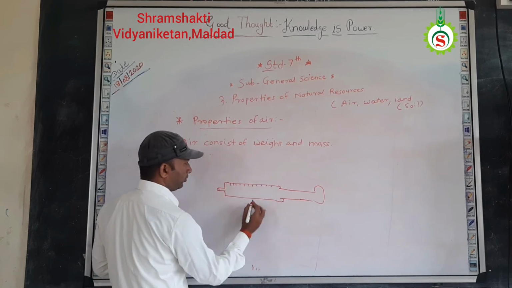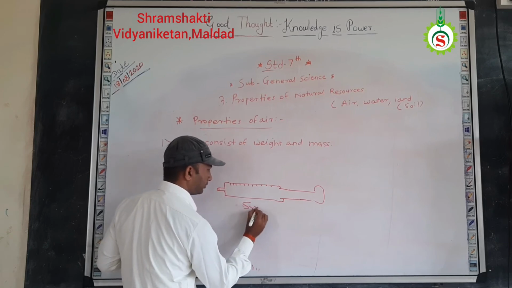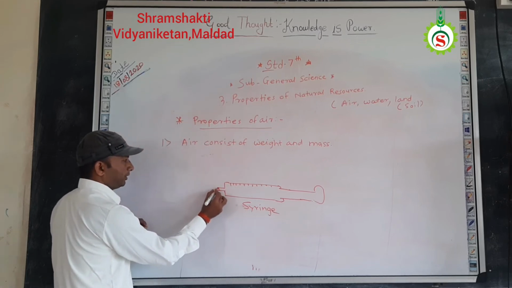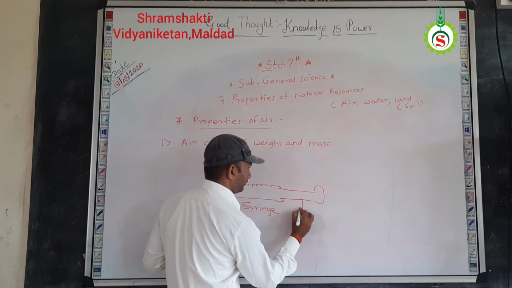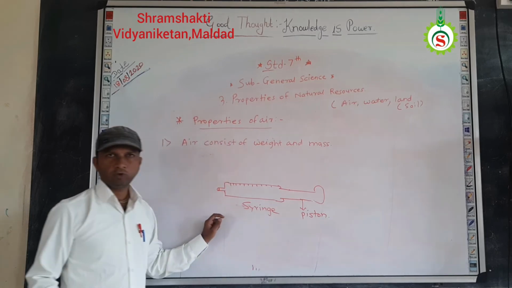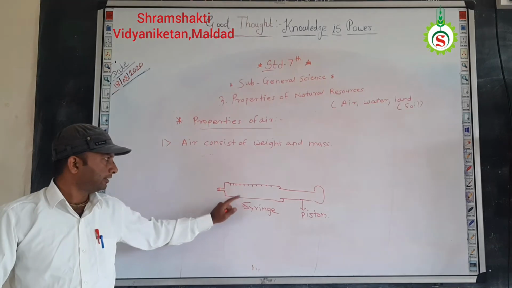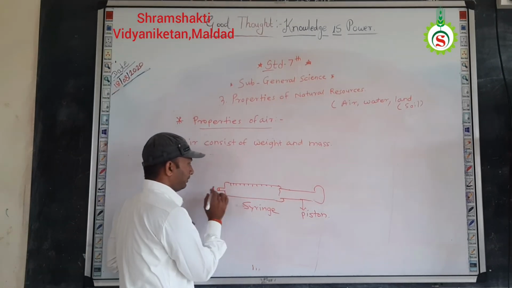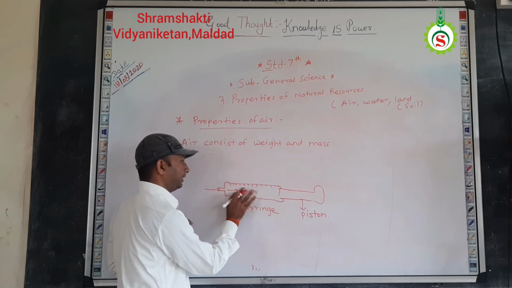So for example, this is a syringe of injection, and here is a piston. You know that in the injection syringe there is a piston from the back side, and we pull it back, and then the liquid goes inside that syringe.